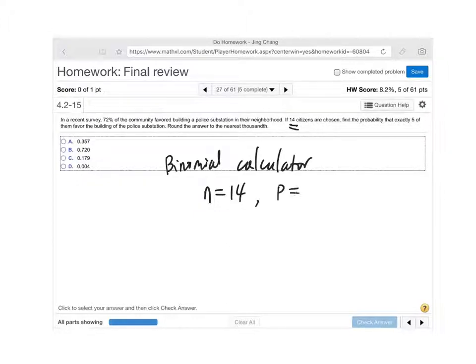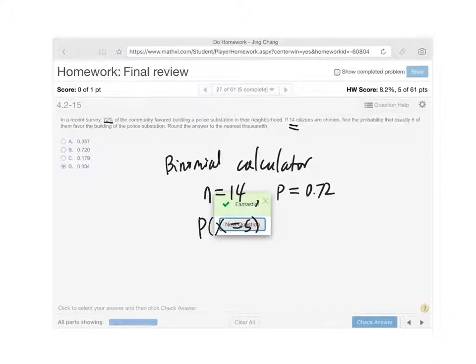The probability of a success, which means they favor building the substation, is 0.72. It's given here, and you're looking for the probability that exactly 5 of them will favor the building of the substation. Again, use the binomial calculator. So the answer is 0.004 if you use your binomial calculator.